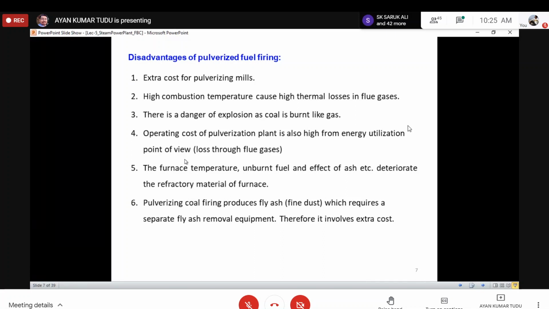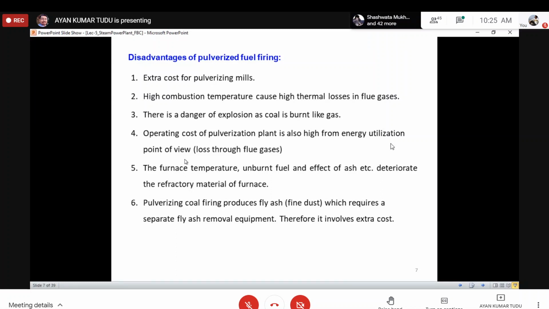Since we are talking about high combustion temperature, they will be causing high thermal losses in the flue gases. There will be danger of explosion as coal is burnt like a gas. And the operating cost of this pulverizing plant is also high from the energy utilization point of view because there will be losses to the flue gases.